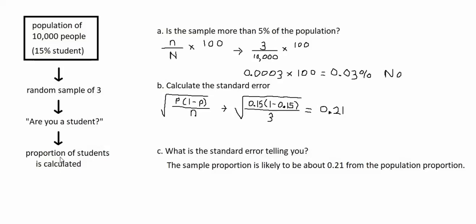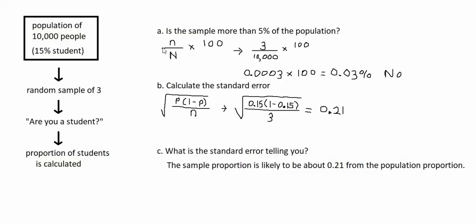And the sample proportion will once again come out to some number depending on which 3 people happen to be selected. But what we want to know is, once again, how close the sample proportion will be to the population proportion. We want to know how close this number is going to be to 15%.